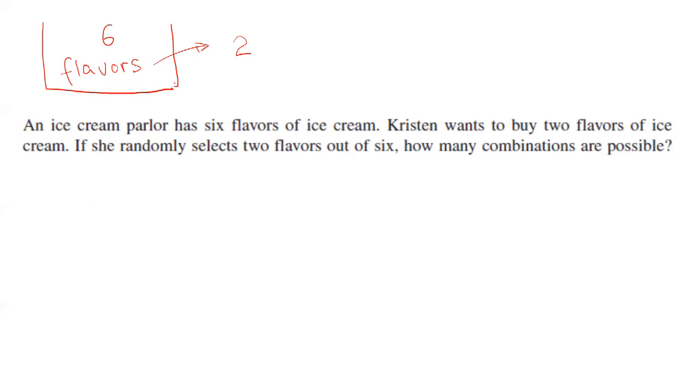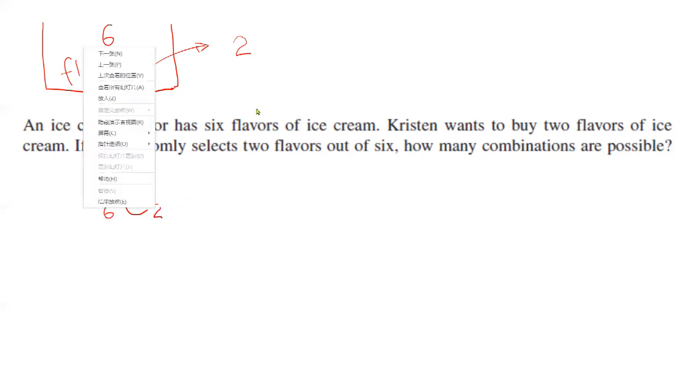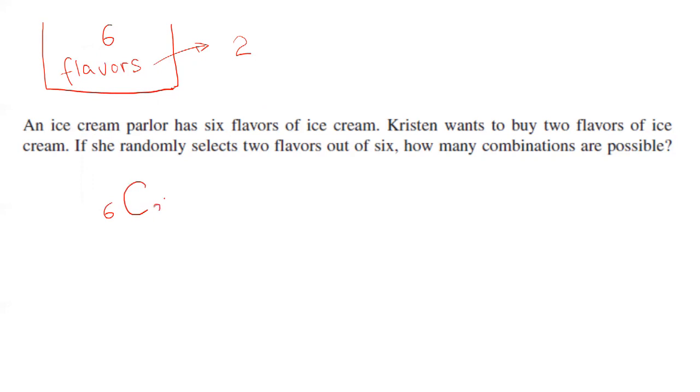This is a perfect model of combinations, right? You pick 2 elements from 6 distinct elements. How many ways can it be done? It's actually a combination. C(6,2) means pick 2 elements from 6 elements, which can be calculated using our formula.